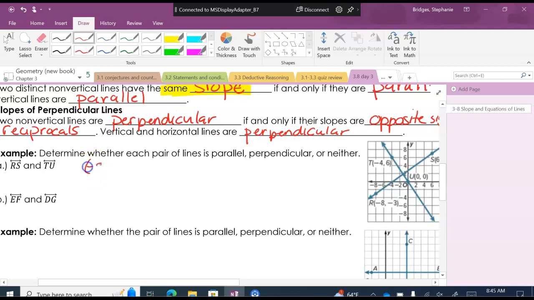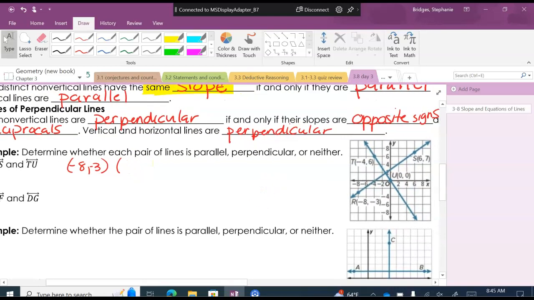Point R is -8 and 3. I'm sorry, -3. And point S is 6 and 7. So the first thing I want you to do is find the slope between those two points using your slope formula. Remember, we label our points x1, y1, x2, y2, and we plug it in.